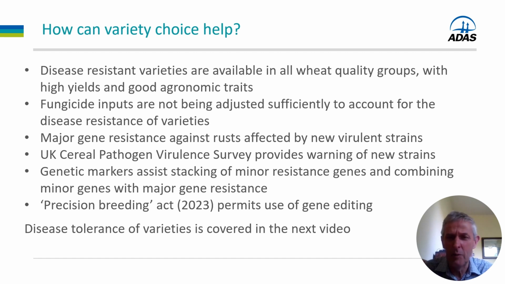And that has helped plant breeders to stack minor resistance genes into varieties, thus improving their effectiveness. And it's also enabled minor genes to be included in varieties that also carry major gene resistance. And that means it's less likely, when the major gene breaks down, that the drop in resistance will be as severe as we used to see in the past.